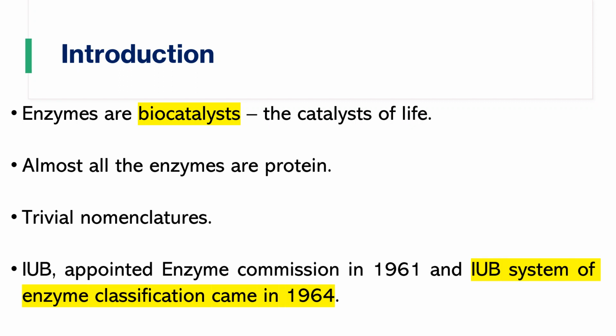At that time it had only 6 classes: oxidoreductase, transferase, hydrolase, lyase, isomerase, and ligase. Later on we had a 7th class called translocase. So currently we have a total of 7 classes, but in 1964 we had only 6.